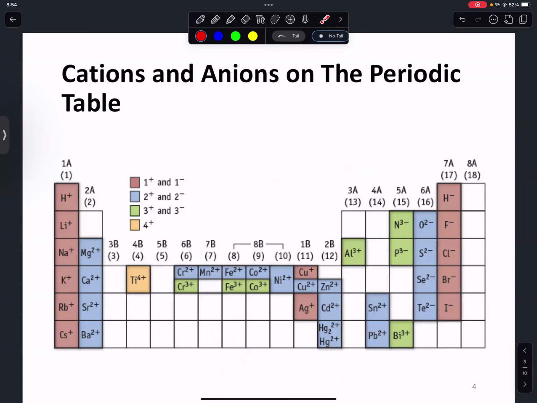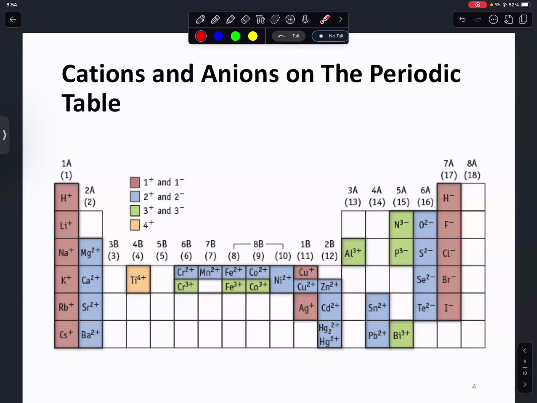You are also expected to know what kind of charge each atom acquires based on its position in the periodic table. So, for example, we can learn trends as far as the positions in the periodic table.